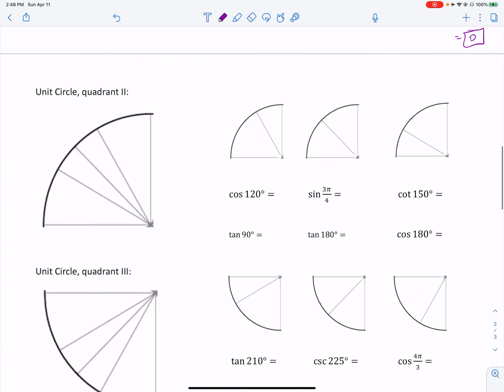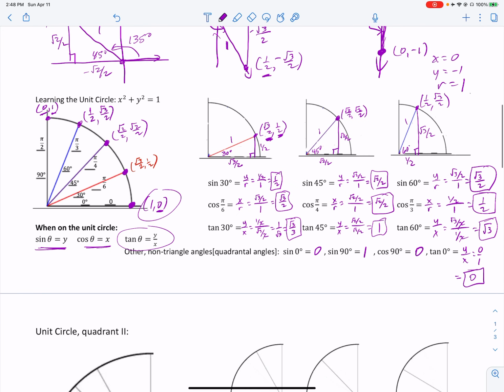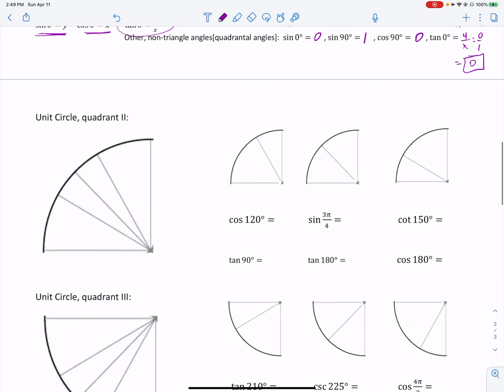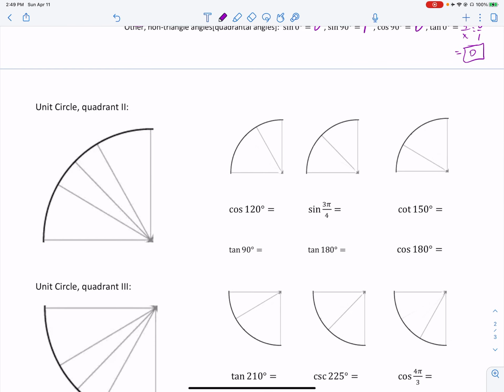All right, so this whole unit circle goes into all the other quadrants. And we're going to be using these same values of 1/2, root 3 over 2, and root 2 over 2, but it's a matter of which ones are positive, which ones are negative, and knowing all the different angles in degrees and radians.